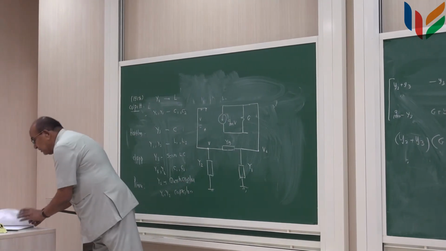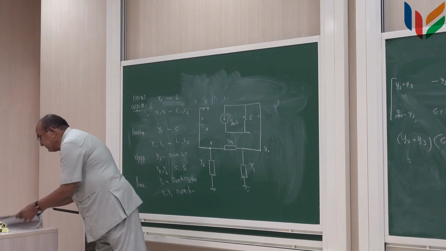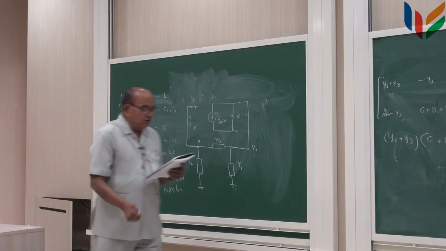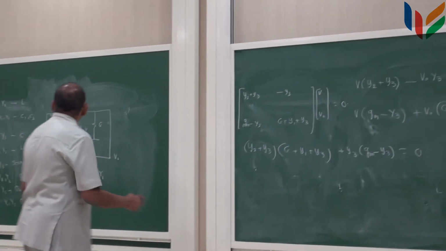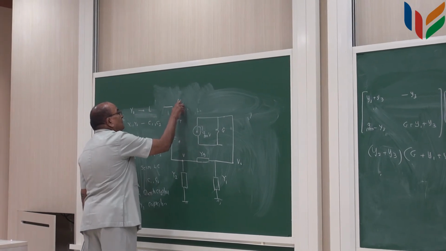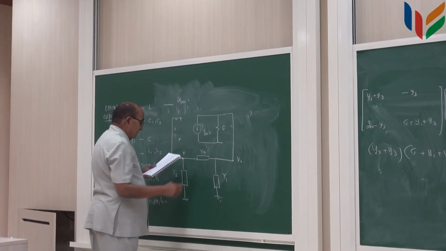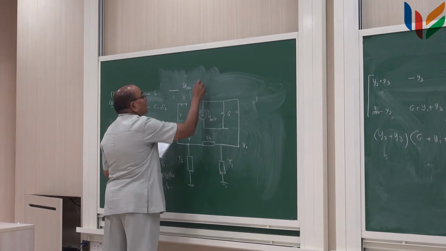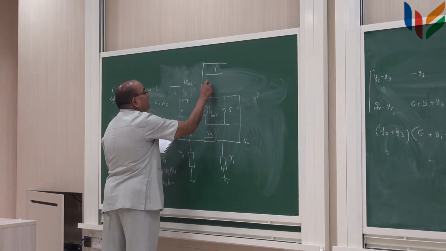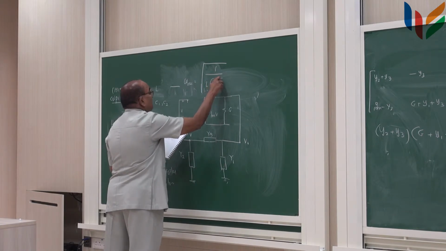So, if you do this exercise, Colpitts gives you the result omega oscillation is equal to the square root of 1 by L into C1 C2 divided by C1 plus C2.